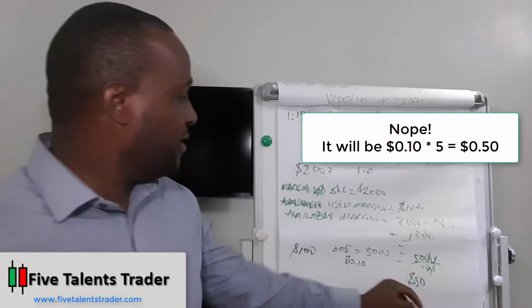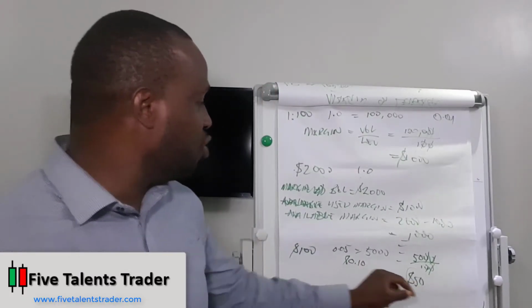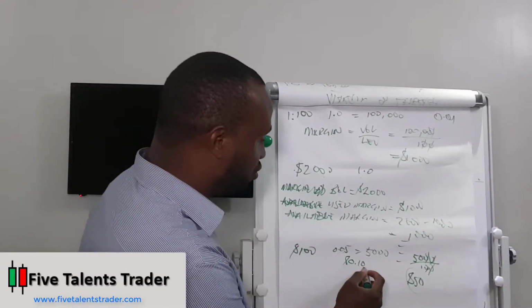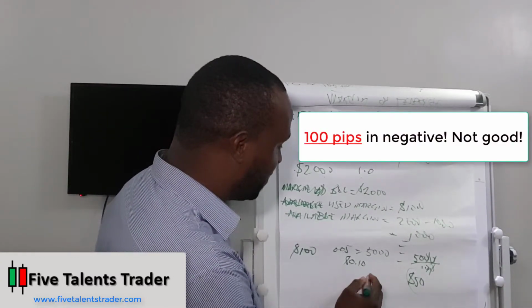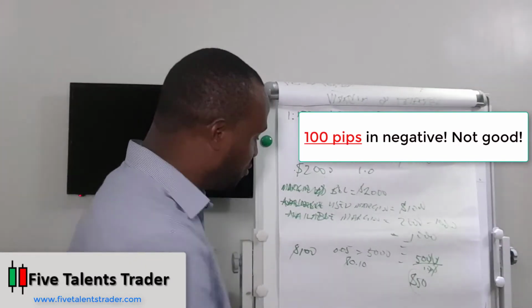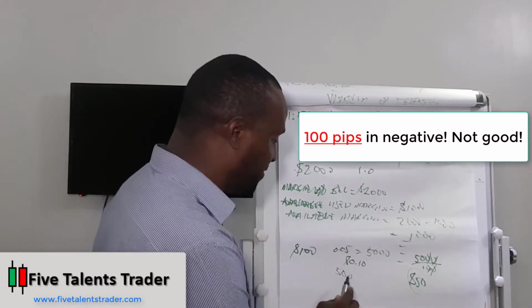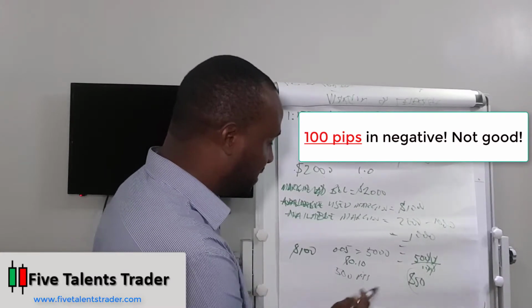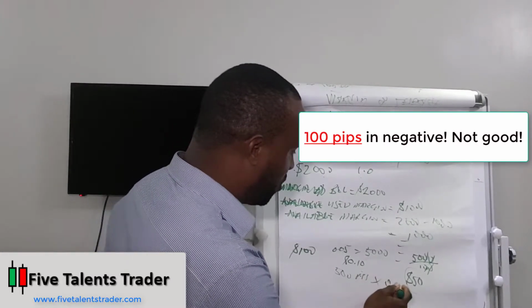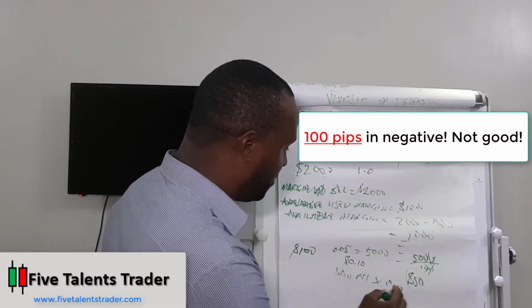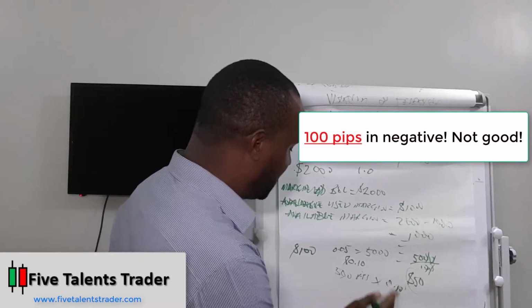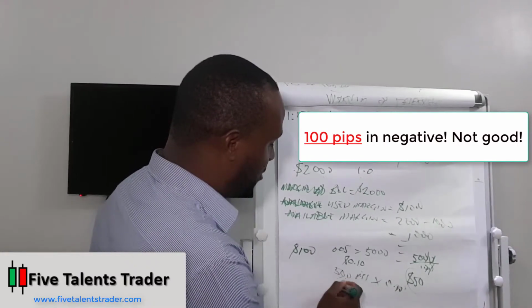So for me to actually lose my other $50 that is in my account, I need to go 500 pips in the negative, because 500 pips times 0.1, with the two zeros, will bring it to 10. So that will be $50.